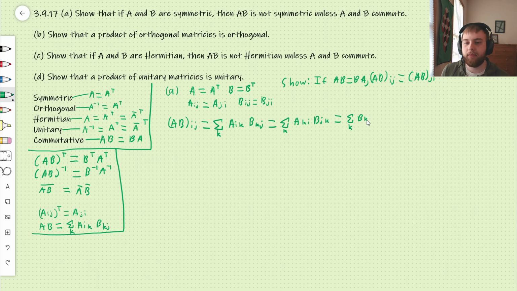And number multiplication is commutative. Oops, I'm writing down the wrong thing. Even if matrix multiplication isn't, number multiplication is.